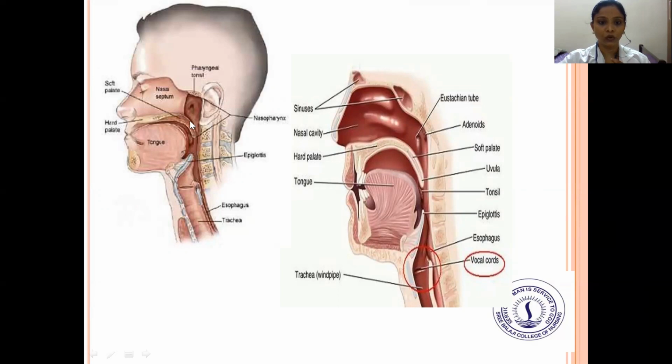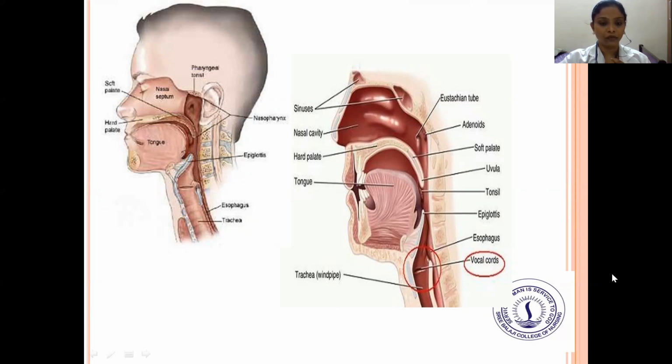And then you can see in this picture the nasopharyngeal tunnel, where you can see the nasal septum, the tongue, the palate, soft palate, hard palate, esophagus, and the trachea. The other picture will tell you the complete anatomy, that is the Eustachian tubes, adenoids, soft palate, uvula, tonsil, epiglottis, esophagus, and the vocal cord.